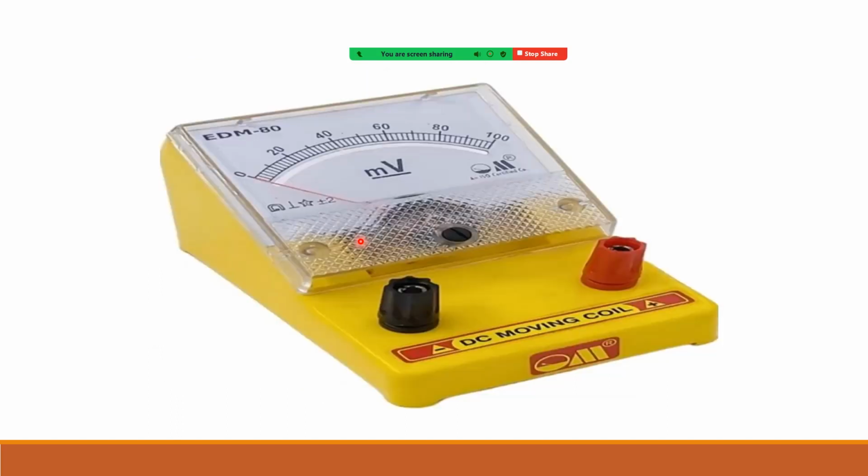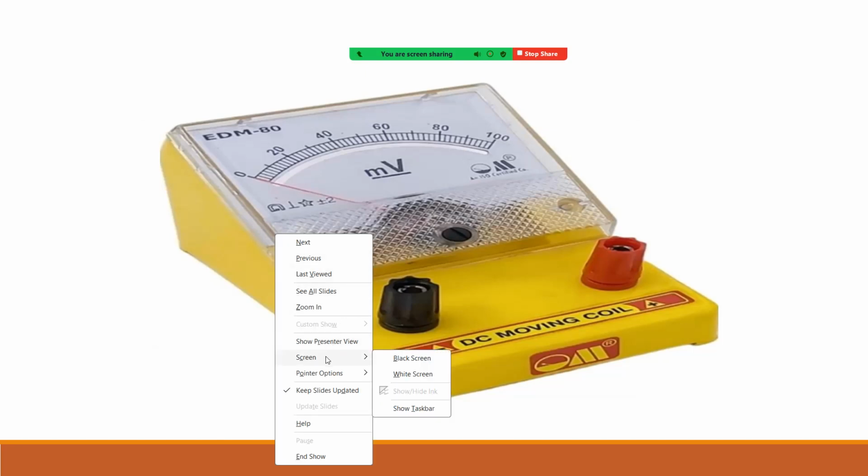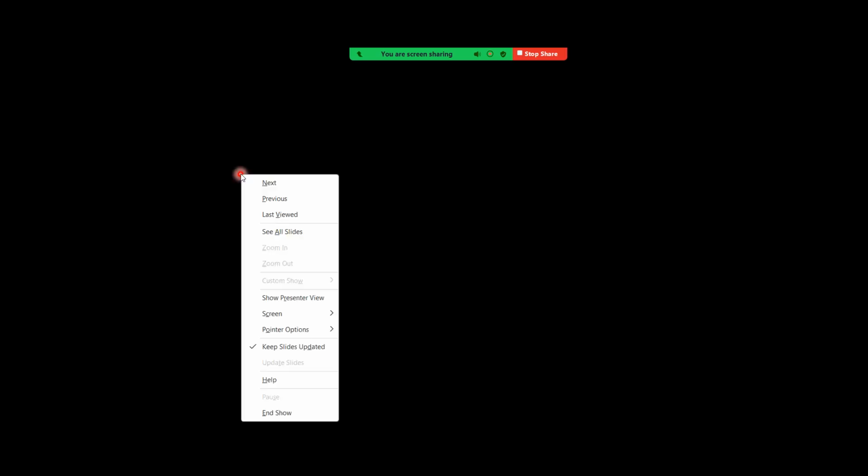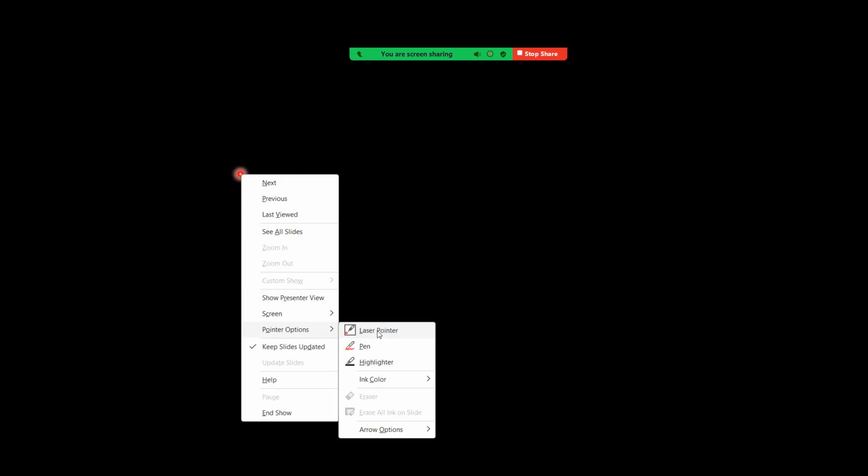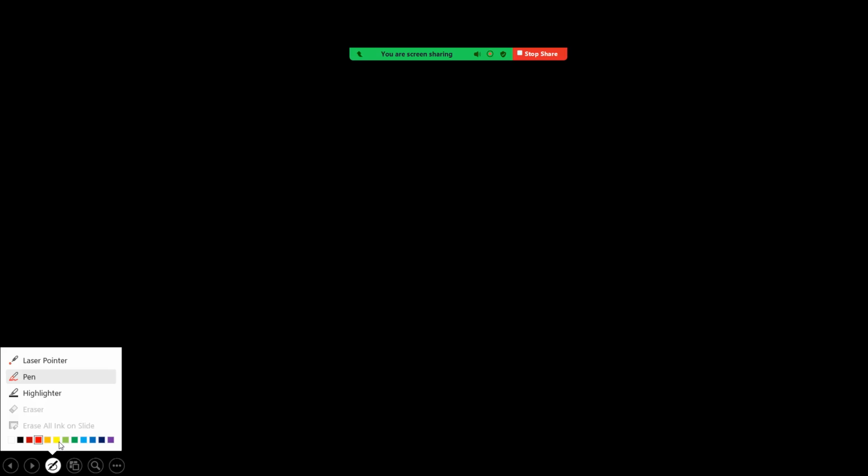Okay. Let us see now the basics of this, how to use them. Let us make a simple circuit. Take a battery, and this is internal resistance of battery.